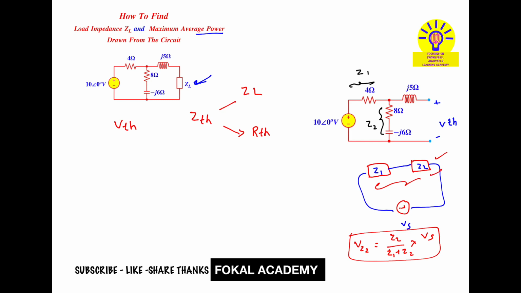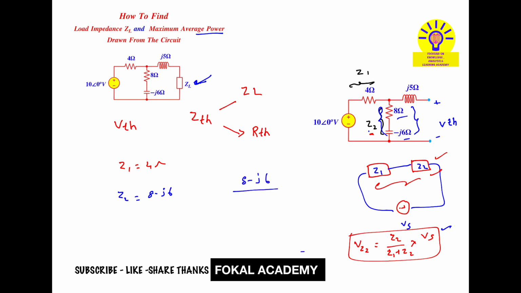Now you are going to find the voltage drop across Z2. Here Z1 is 4 ohms and Z2, this branch, is 8 minus j6.